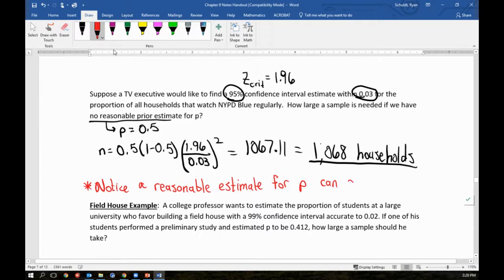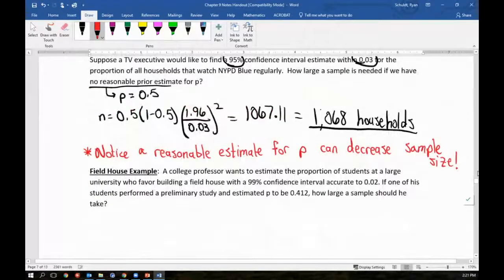Decrease, lower, same thing. Here we didn't have the estimate, so we had to have a large sample. The previous one we did, we were able to decrease our sample size.